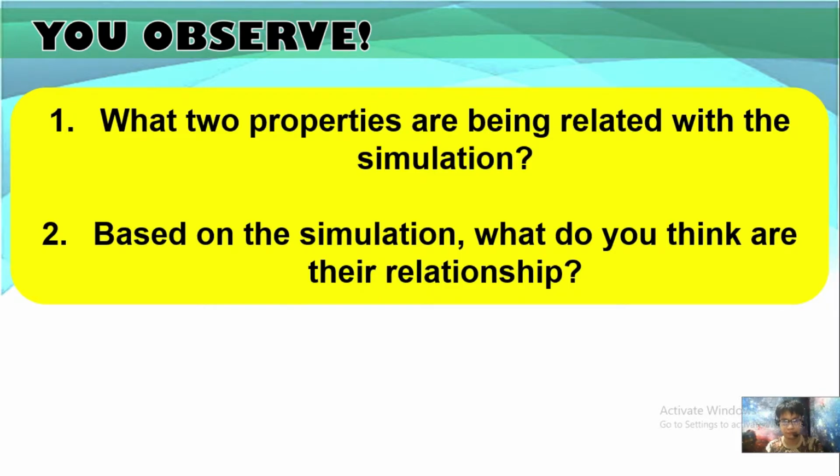The two properties being related in the simulation are the mass of the ball attached to the spring and the movement of the spring. Number 2, based on the simulation, what do you think is their relationship?